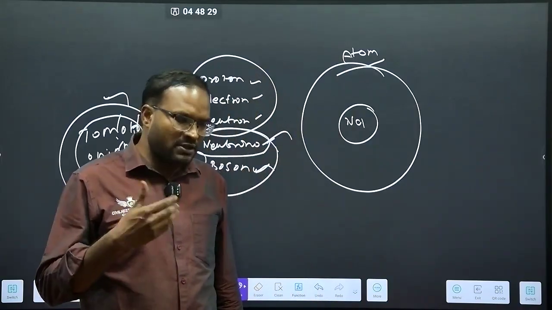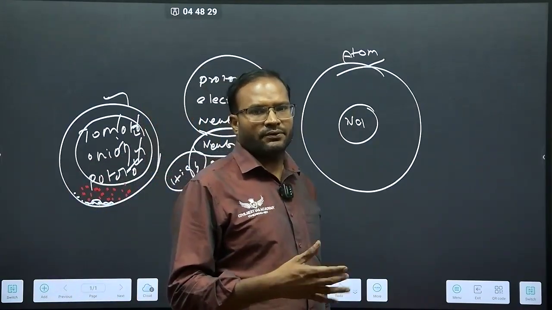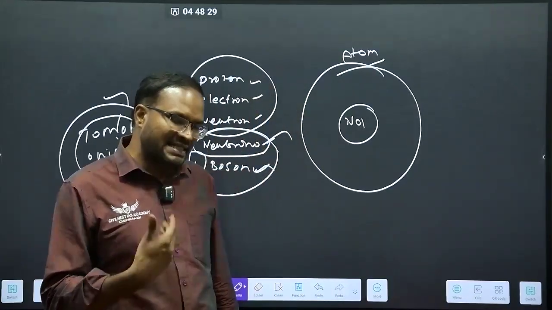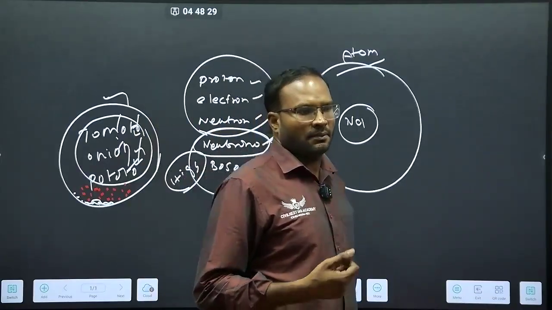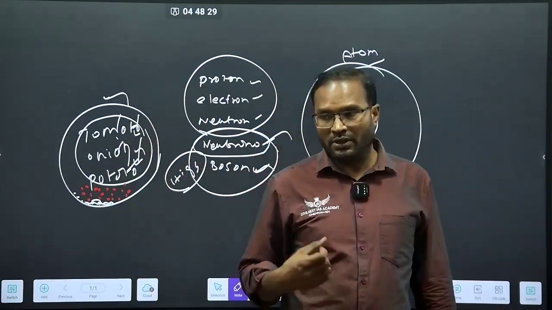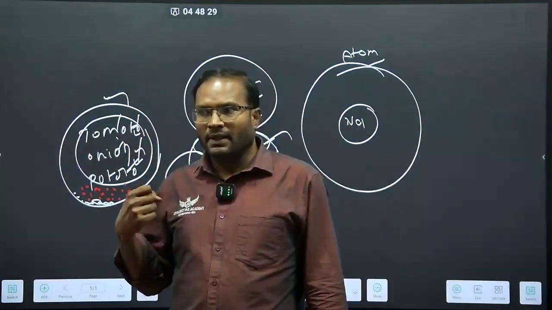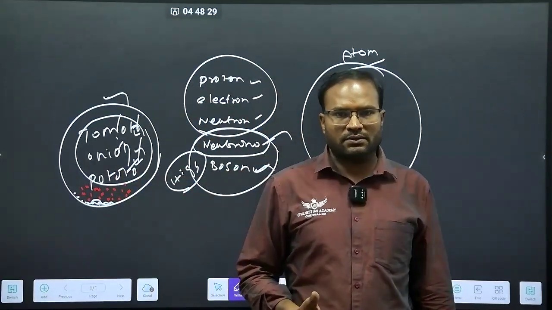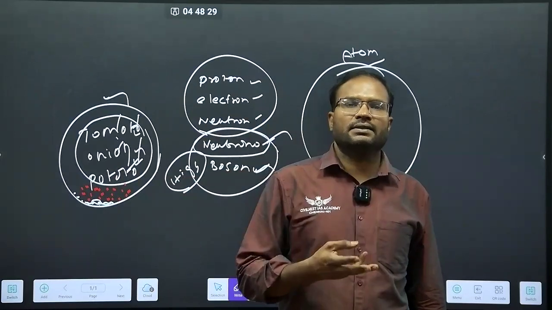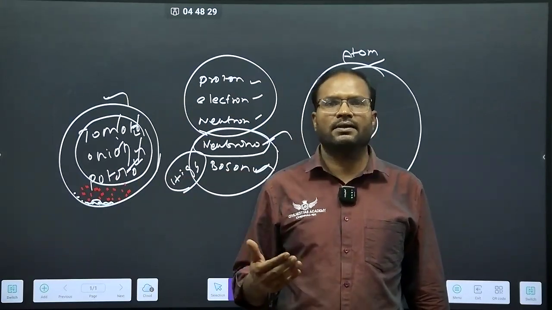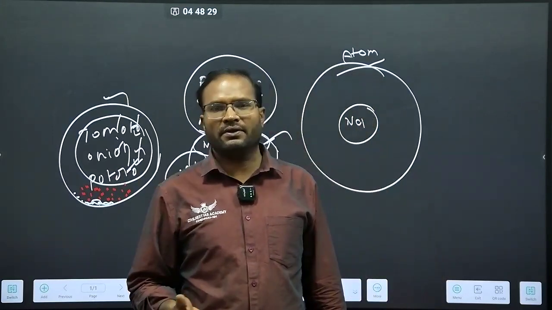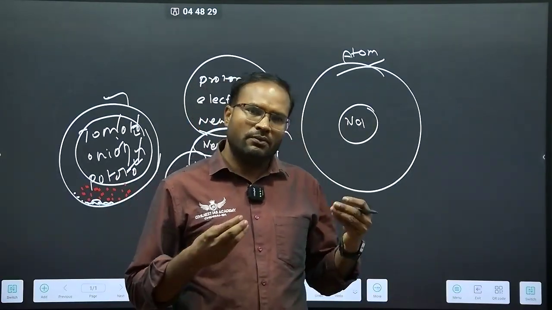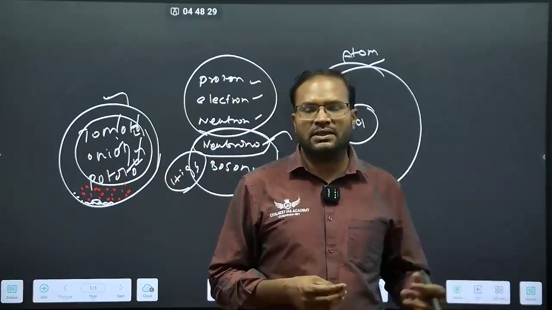As technology advances, we come to know more insights into the particles, into the atom, and into the subatomic particles. Initially they thought only three things were present, but later they added on boson and neutrino and everything. So the scientific community is now trying to figure out the usage of these subatomic particles.